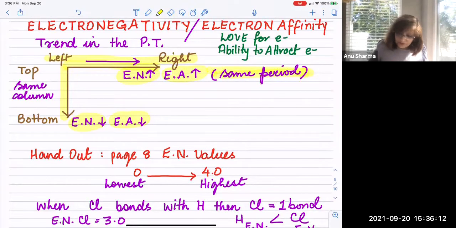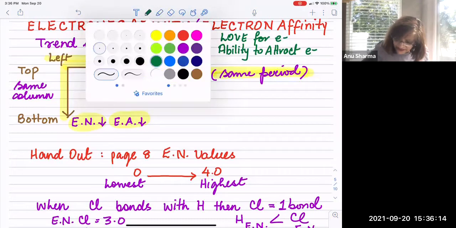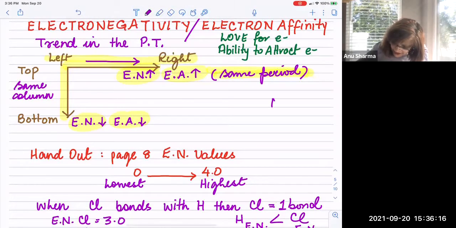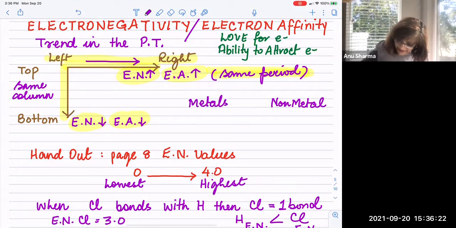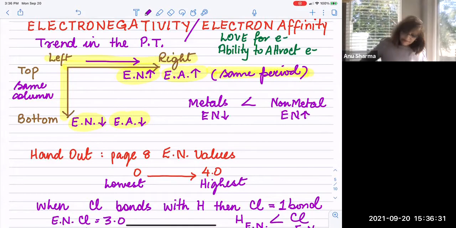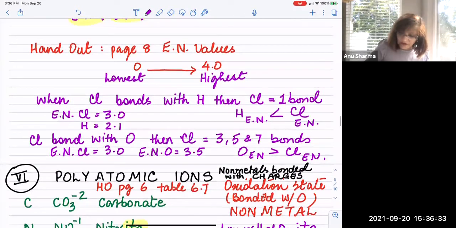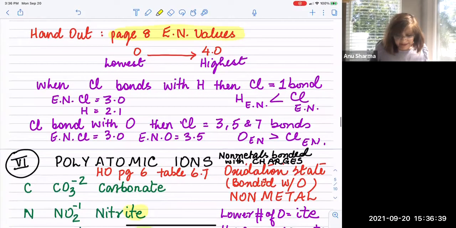So in other words, if you look at non-metals versus metals, metals have a lower electronegativity value, and non-metals have a higher electronegativity value. Okay. All right. These values are present on page 8, and you're going to be using them anyway when you do polarity in molecules.